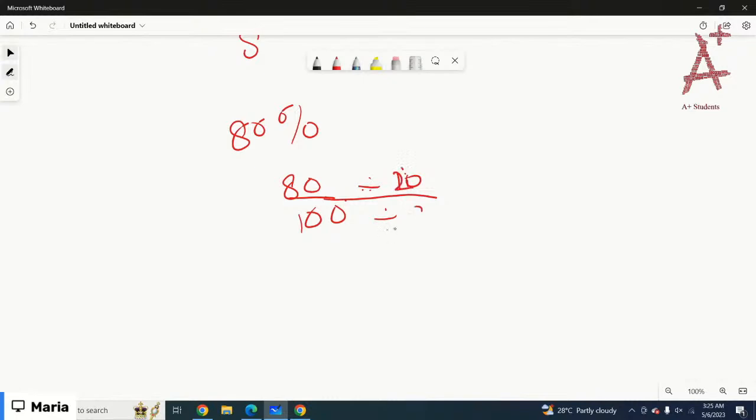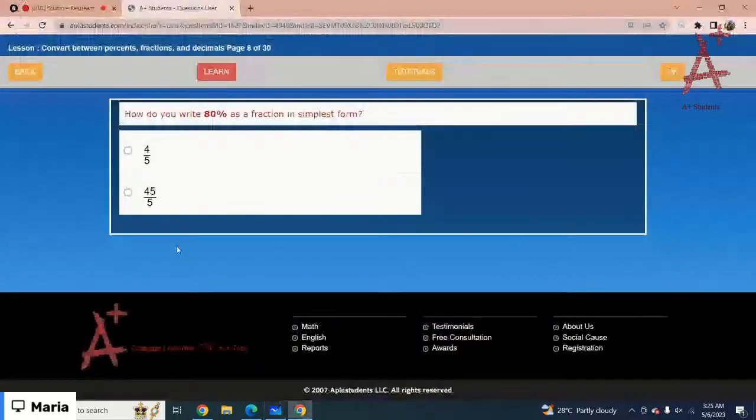You can divide them by 20 as well. 20 times 4 is 80 and 20 times 5 is 100. So it would be 4 over 5.